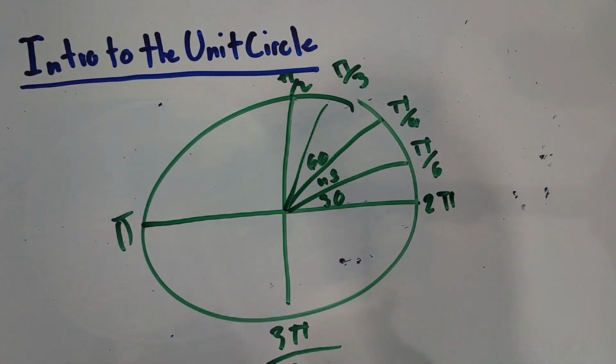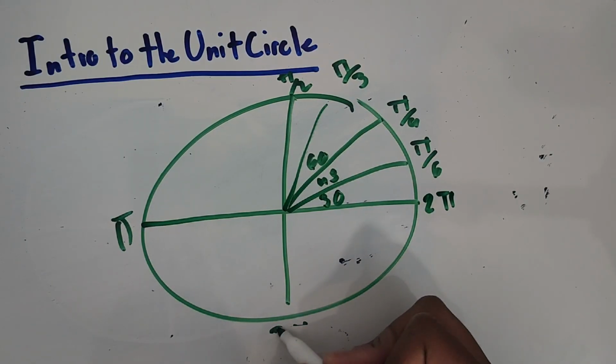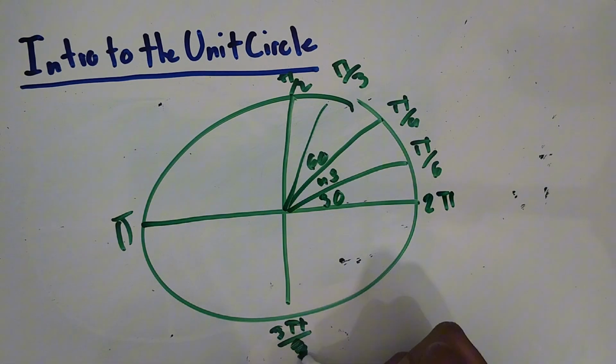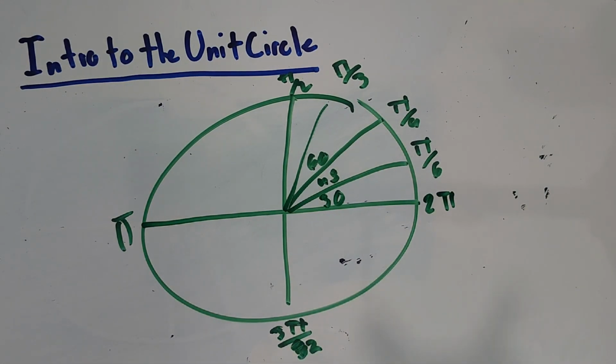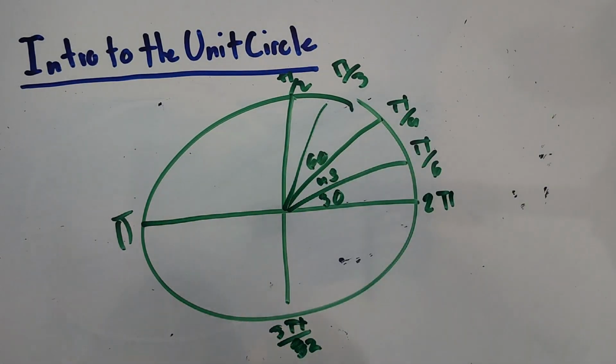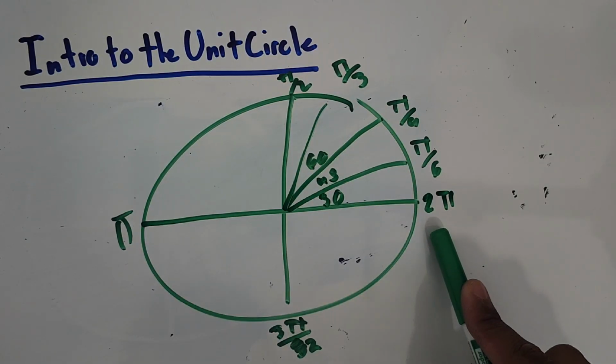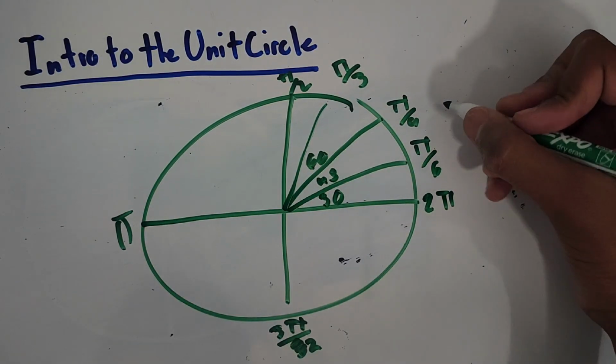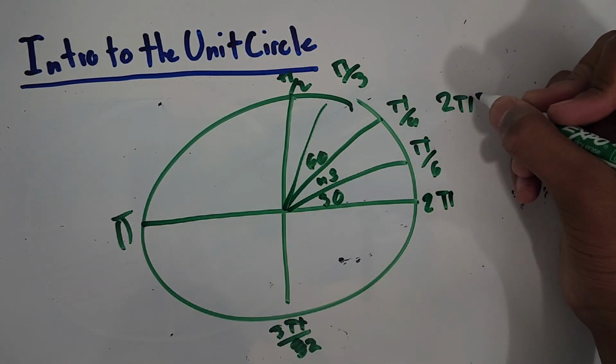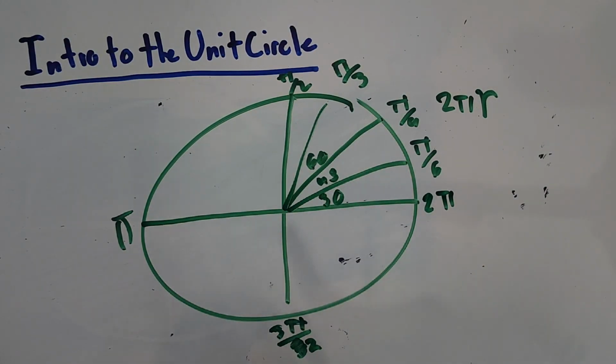So I've labeled the unit circle in terms of pi, and radians are basically how we can describe units or degrees in terms of pi. So a full circle has a circumference of 2 pi. That's actually where we get the formula of 2 pi r for the circumference of a circle.